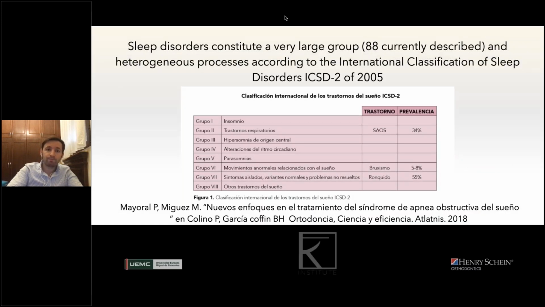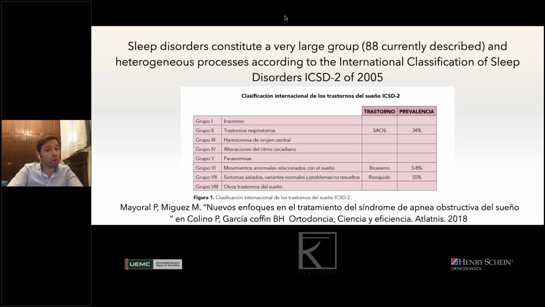Imagine the situation. When we talk about sleep disorders, we need to know that there are 88 currently described disorders. Of the 88 disorders that are described, we can only approach 3. The first one is sleep apnea. With sleep apnea, we can do something to improve the sleep apnea of a patient.